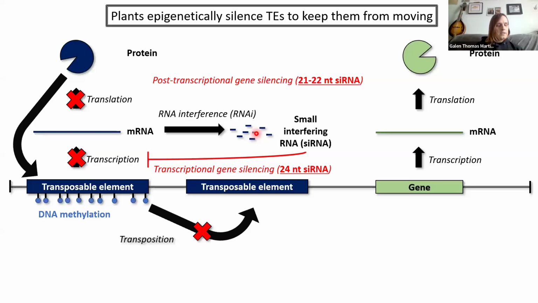And the neat, elegant thing about this entire mechanism is that these two methods of silencing feed into one another. So the small RNAs produced by RNA interference can go on to direct methylation and repressive histone marks to the complementary transposable element sequences in the genome.